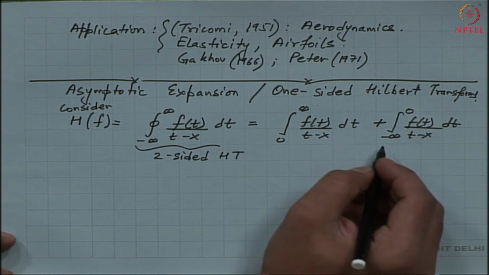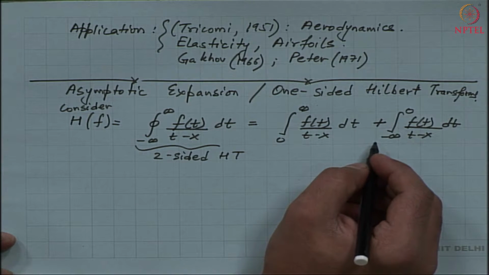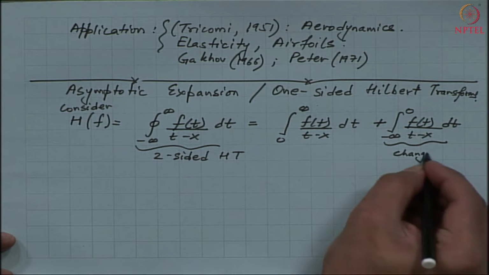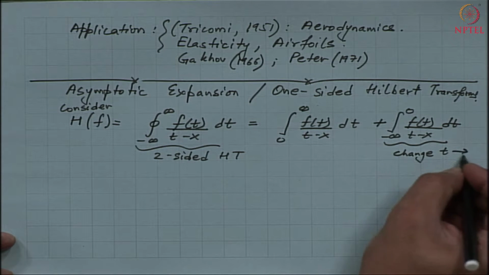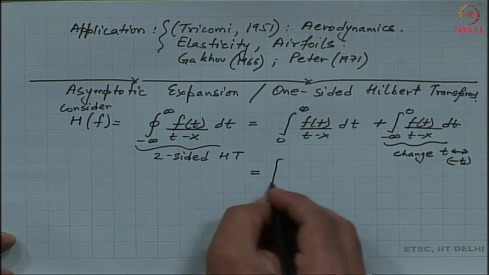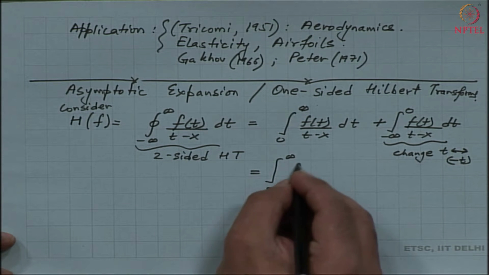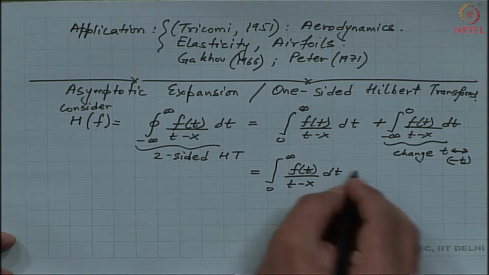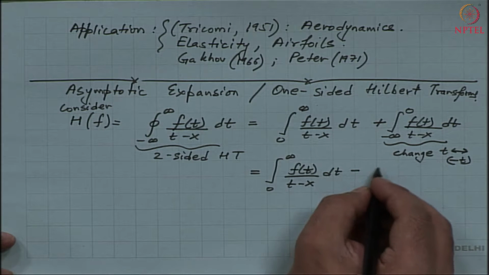Okay, we see that for this second integral, if I change my variable t to minus t, I get that my new integral is the integral from 0 to infinity of f of t divided by t minus x dt, minus the integral.